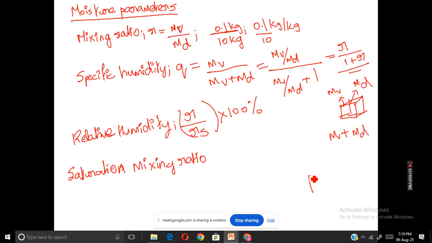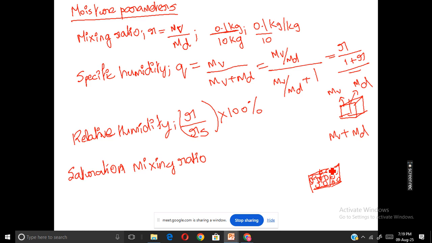We know that when we consider an air parcel, it has a large amount of molecules within it. This is dry air. It has some intermolecular space and everything. All these things are there when we are considering a gaseous air parcel.